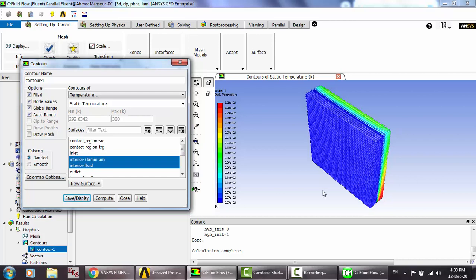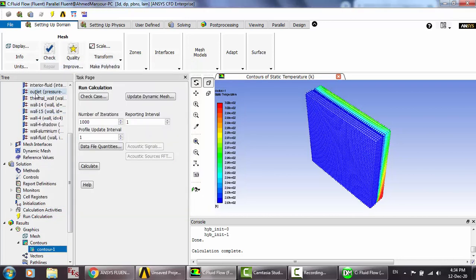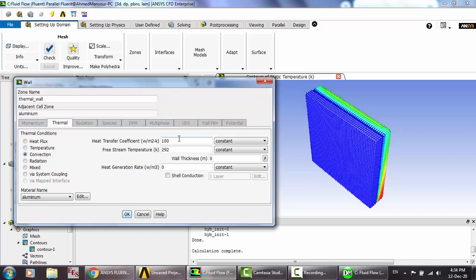As you can see, this only happens if the free stream temperature that hits the surface is lower than the fluid temperature. Okay, this is pretty interesting. So now we're gonna decrease it to 5. Let's see what's gonna happen.